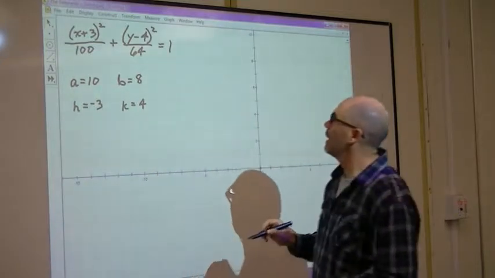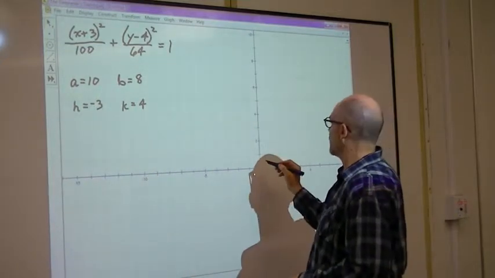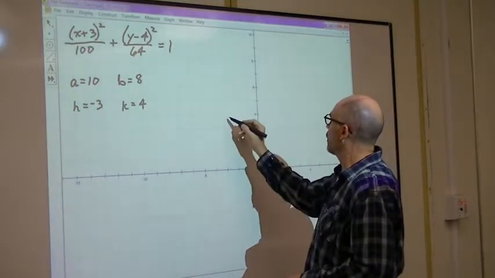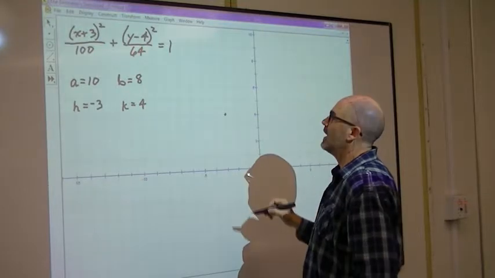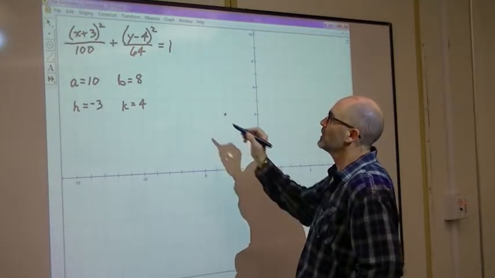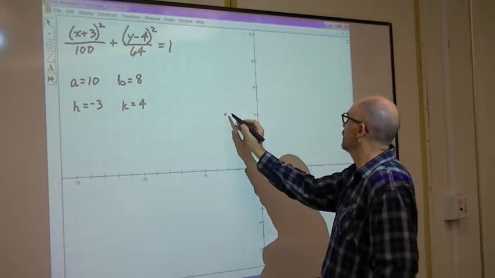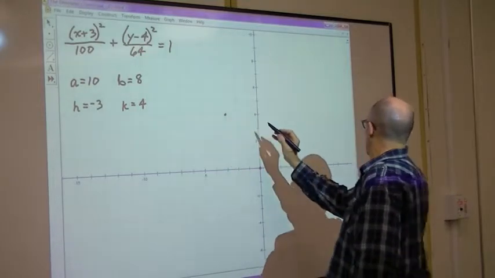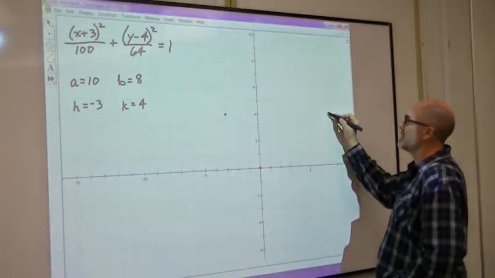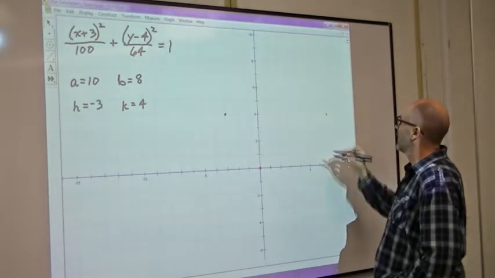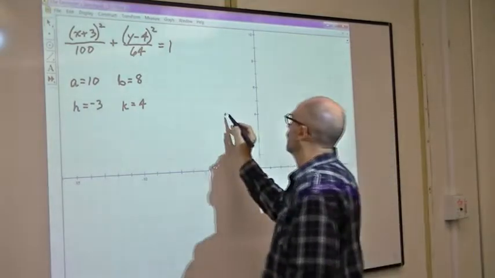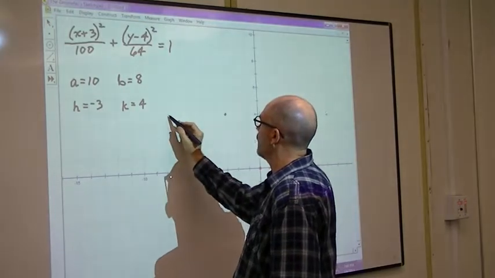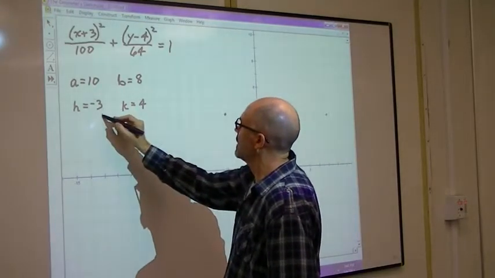So my center, like I said, was (-3, 4), and my vertices are going to be 10 right, so 1, 2, 3, 4, 5, 6, 7, 8, 9, 10, and 10 left, so 1, 2, 3, 4, 5, 6, 7, 8, 9, 10.